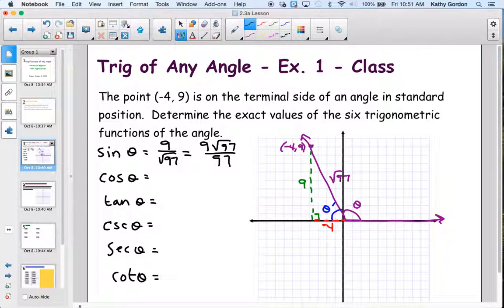Because general math rules are you can't have radicals in the denominator. So with my hypotenuse being the radical and it ending up in the denominator, I just have to simplify that out. Okay, how about cosine?